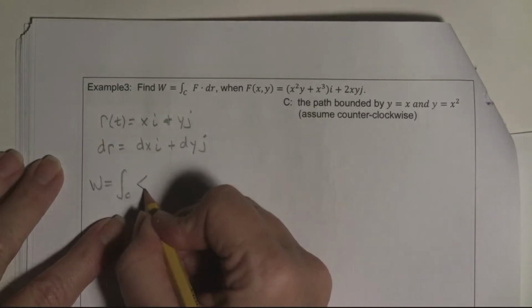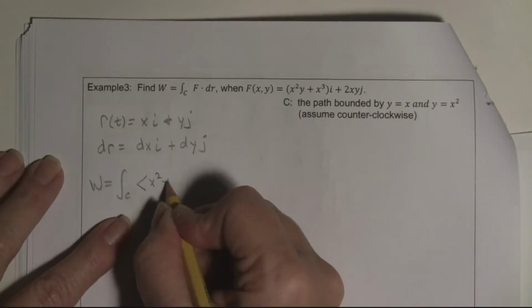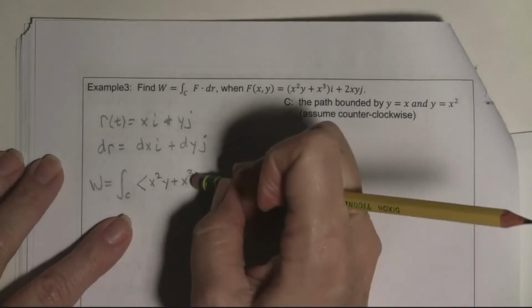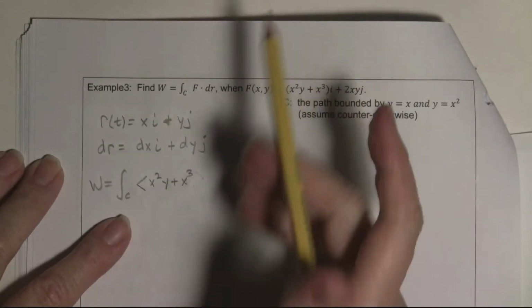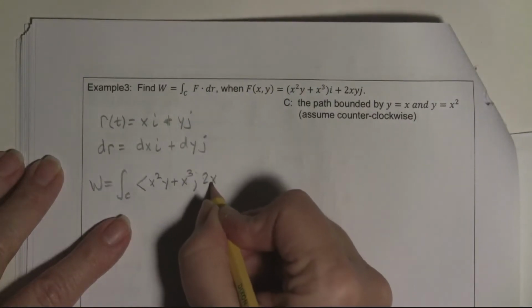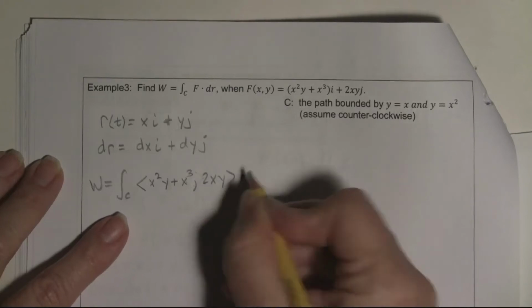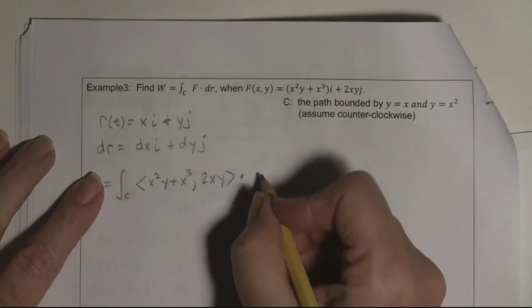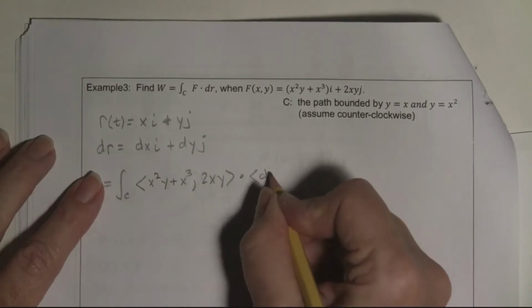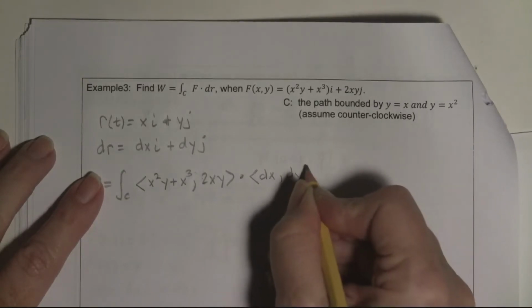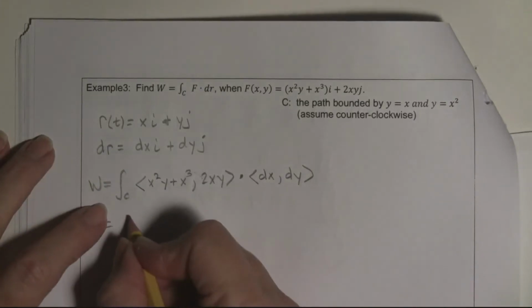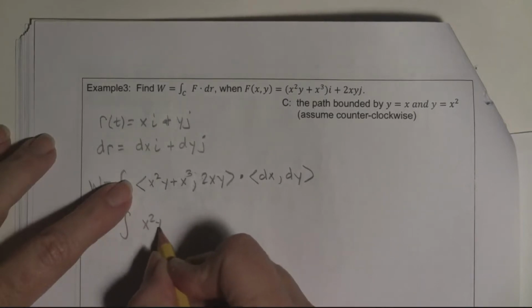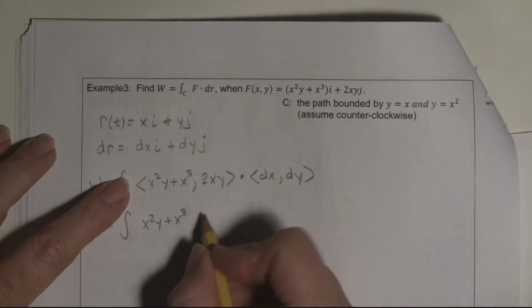So I'm going to put that vector field there, x squared y plus x cubed, comma, 2xy, and then dotted with dr, which is dx, dy. And so when we put this together, we get this, which is where they started us on the others.